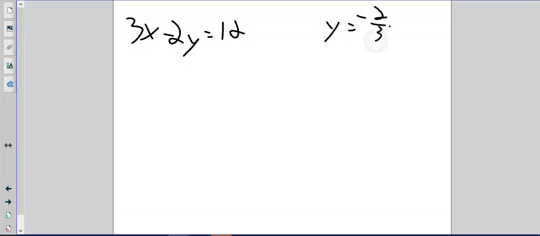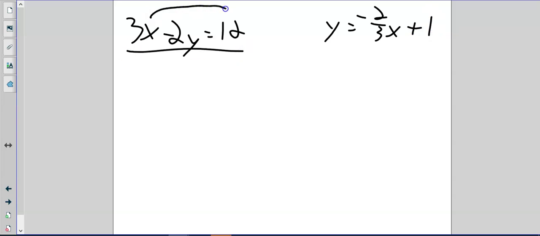Last but not least, you might be given equations like 3x minus 2y equals 12, and compare it to y equals -2/3 x plus 1. You can't tell me whether they're parallel or perpendicular right now, because this one is not in the proper form.